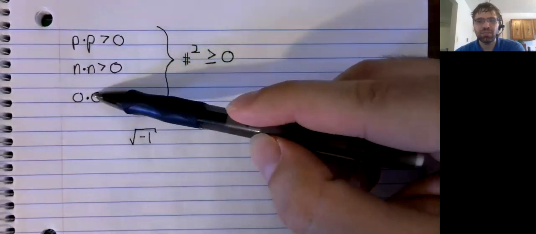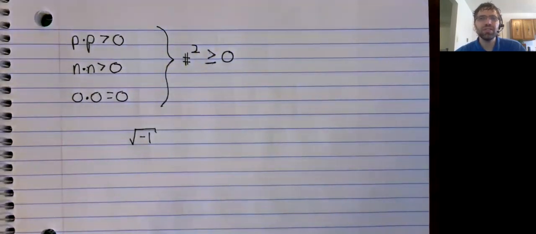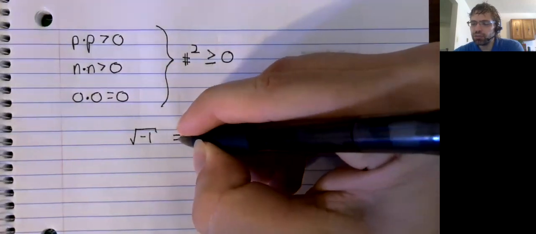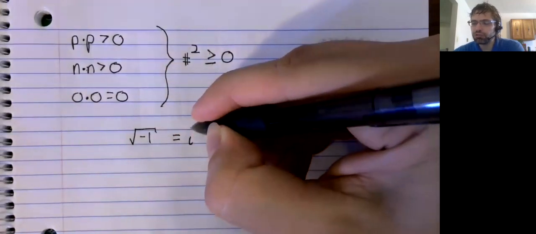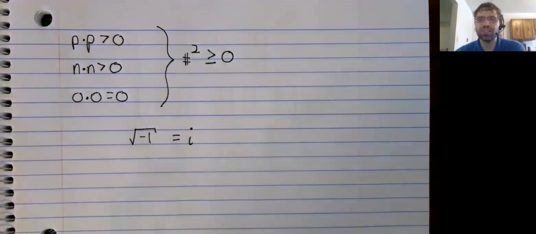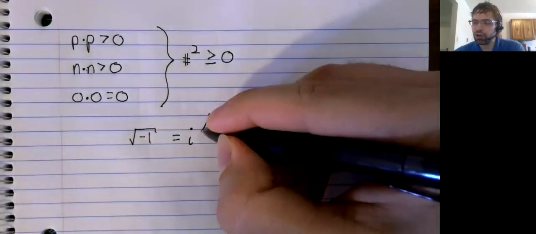It can't be 0. That doesn't seem to leave us a whole lot of options. And in fact, what we have to do is create an entire new number, one that is not positive, not negative, and not 0, to serve as this square root.